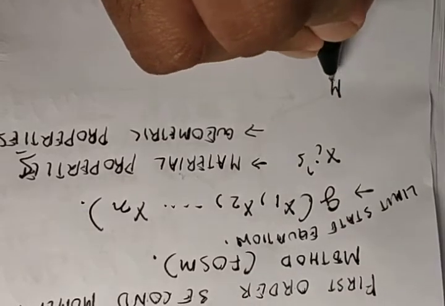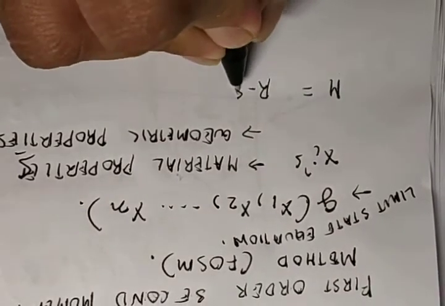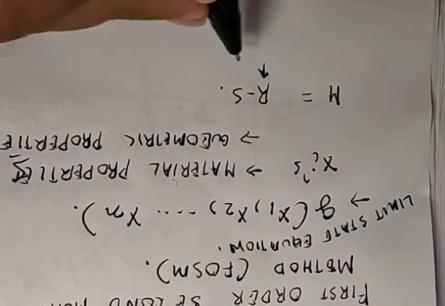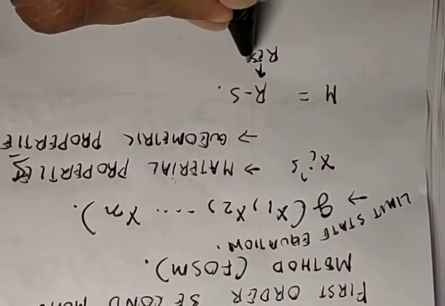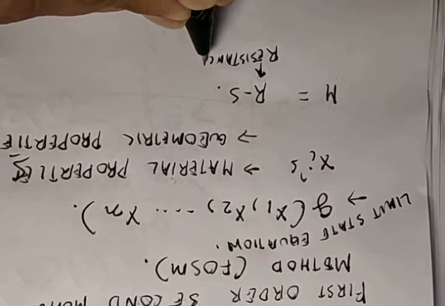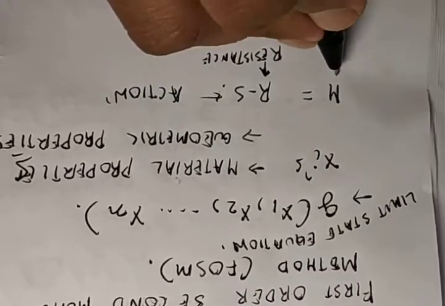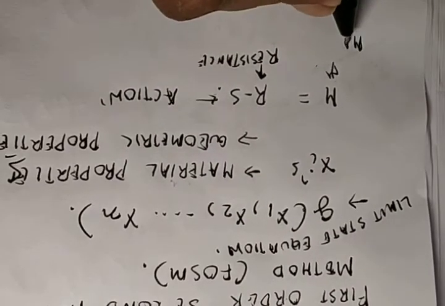Now we are already aware of our margin of safety function, M equals R minus S, where R is the resistance and S is the action, and M is the margin of safety.